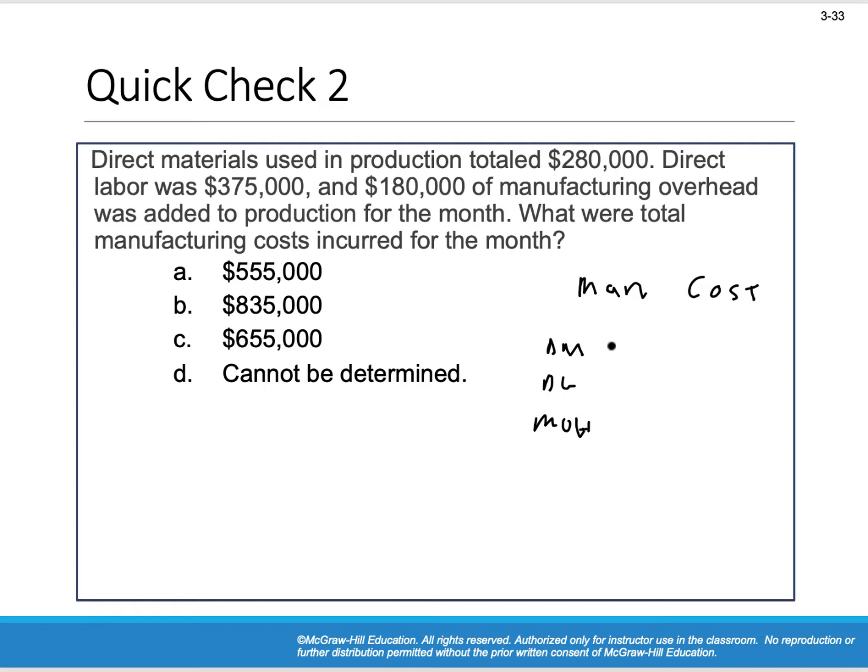The problem tells me that, hey, I used $280,000 of direct material. I used $375,000 of direct labor, and I used 180,000 in overhead. So yeah, I can tell very easily how much my manufacturing costs are.